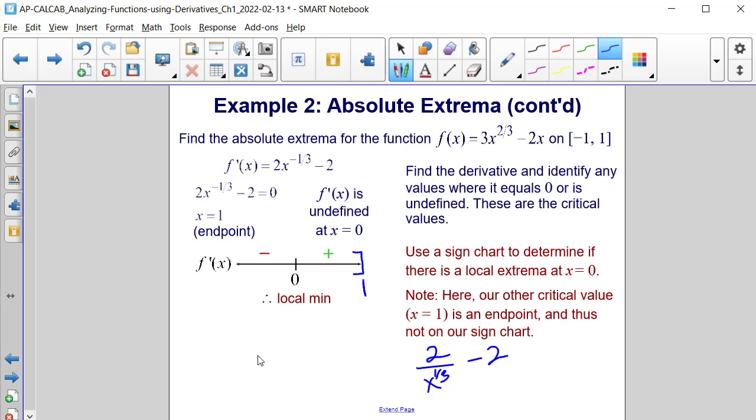And then if we did -1/8, because that's the cube root of -1/2 that you can do, 2 over -1/2 will give you -4. -4 minus 2 will be -6. So you will have a negative value here.